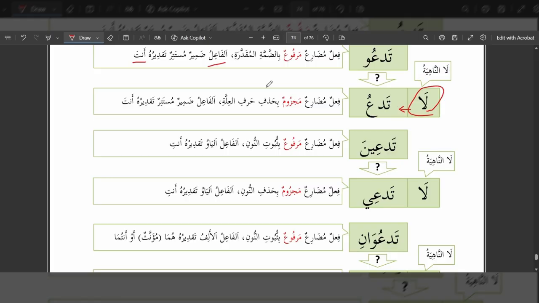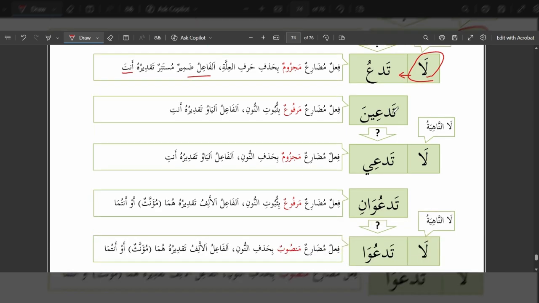So here when we analyze, we get it as فعل مضارع مجزوم بحذف حرف العلة. That is, it is in the present tense in the majzoom form with the omission of the weak letter. And the doer here, the fa'il here is ضمير مستتر تقديره أنت, attached hidden pronoun which is أنت, you.